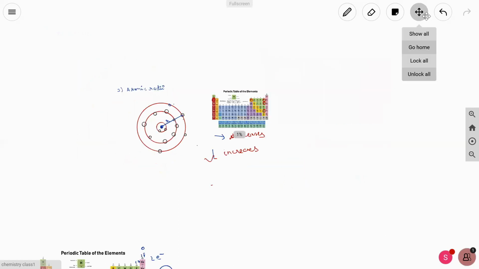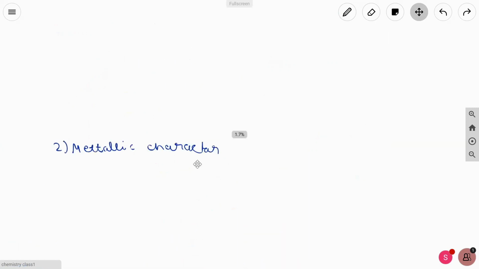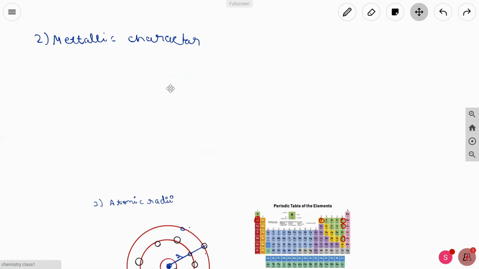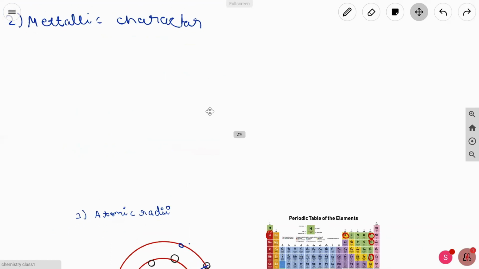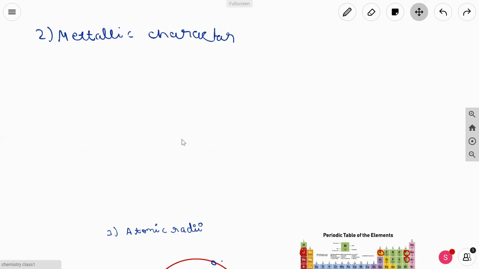Now we'll be looking into the next property, metallic character. Again, as we discussed in atomic radii, metallic character is the ability of an atom to lose electrons with ease.